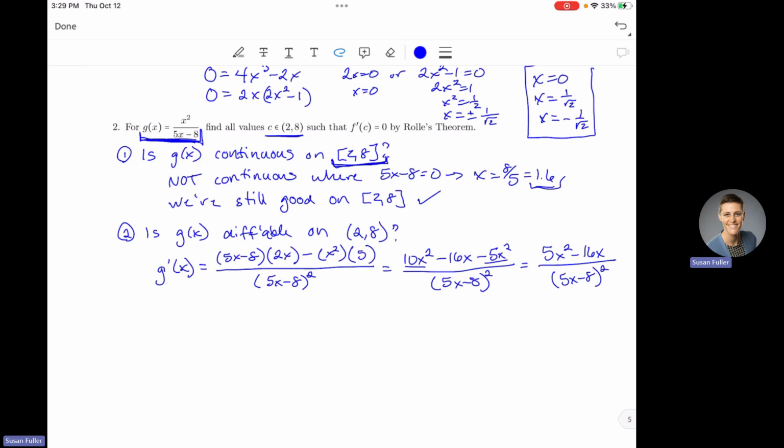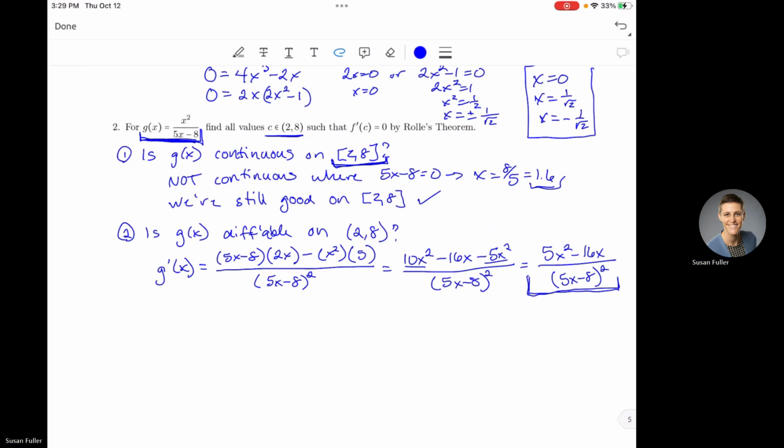All right, so that's what my derivative looks like. Is this differentiable from x equals 2 to x equals 8? Well, this derivative is going to exist as long as the denominator is not 0.